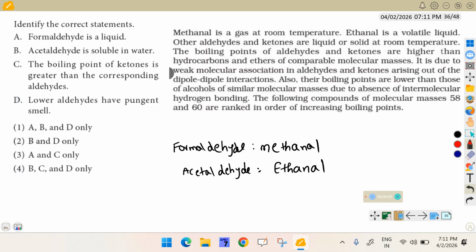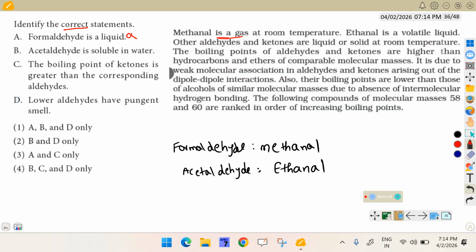Identify correct statements. Formaldehyde means methanal, which is a gas, but here it is given as liquid, so wrong. Acetaldehyde is soluble in water.